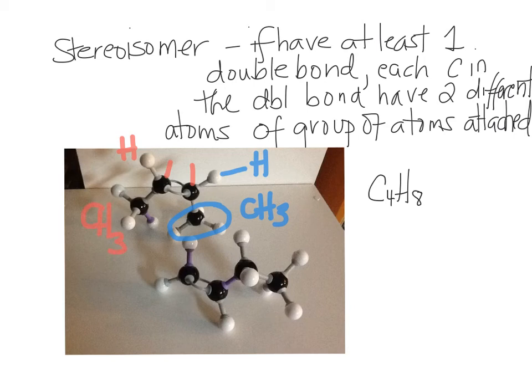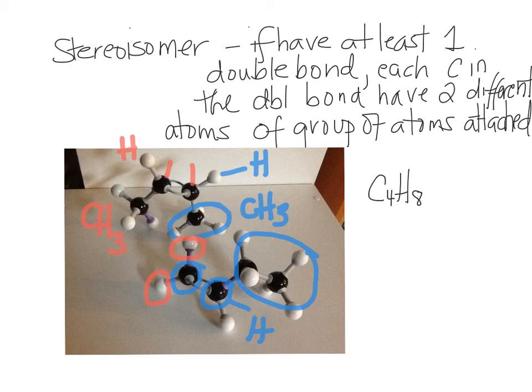Now, if you look at the lower structure, here we've got the 2 carbons involved in the double bond. This carbon has a hydrogen and this group of atoms attached to it, but the other carbon has 2 hydrogens attached to it.